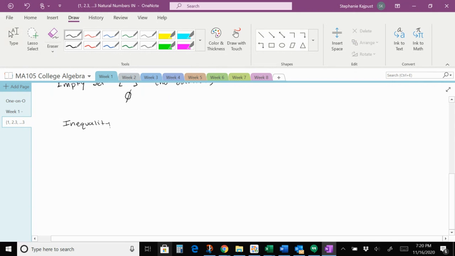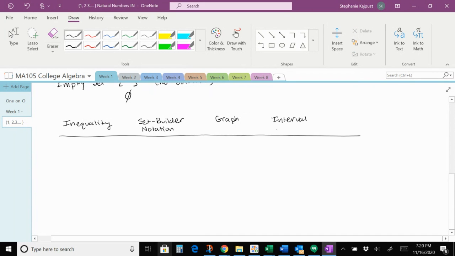We're going to have the inequality, and then set builder notation. And I actually find that graphing makes it easier to do the interval notation. So I should just say graph, and then the interval notation. Let's put that underneath here.